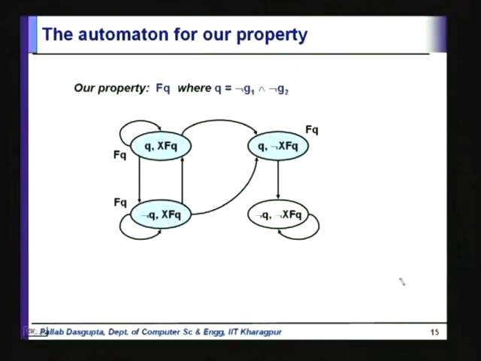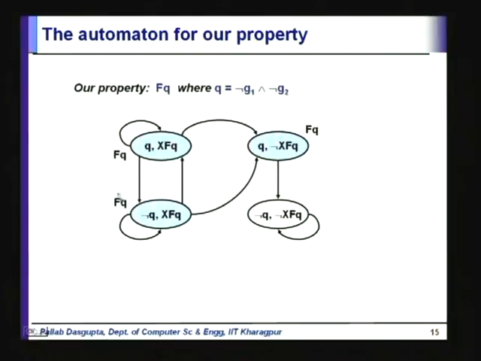Now, let us see. I have 4 states: states which satisfy Q and XFQ, Q but not XFQ, not Q and XFQ, not Q and not XFQ. This state satisfies FQ because Q is true there, this state satisfies FQ because Q is true here, this state satisfies FQ because though Q is false here, XFQ is there.